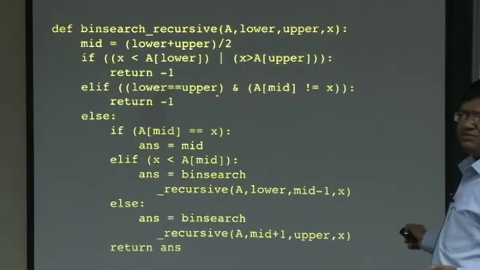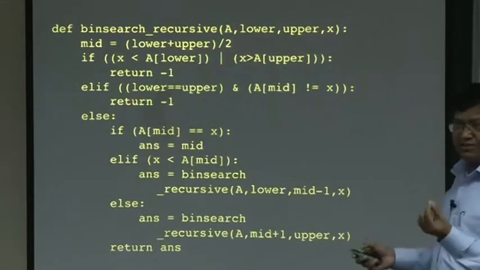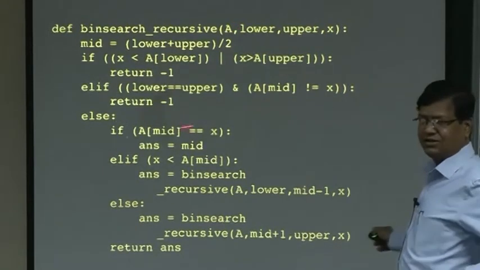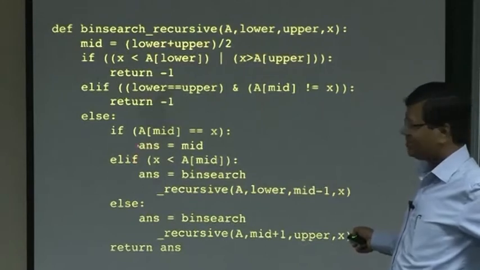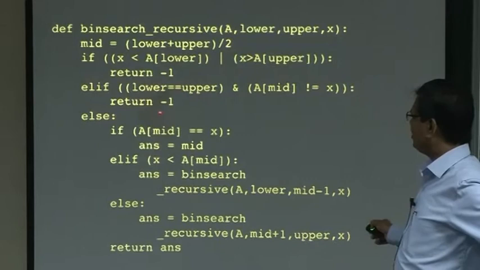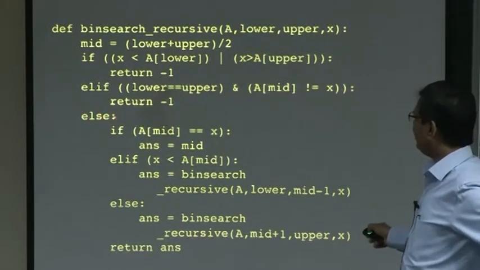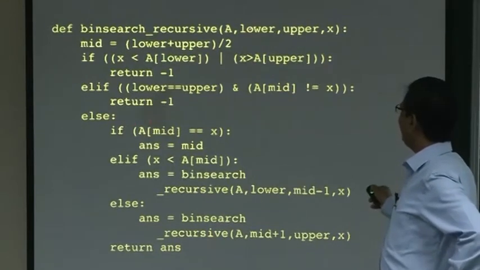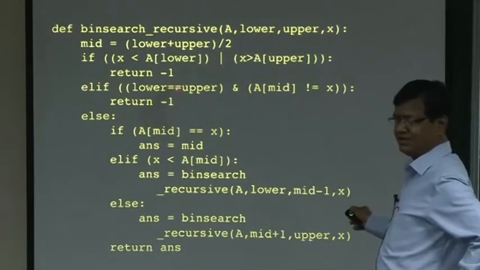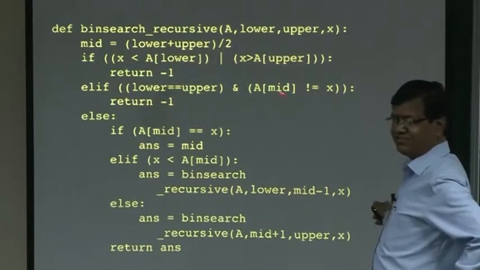That means x does not belong to array A from lower to upper, so again I return -1. Now, if none of these two conditions is true, then I come to else. Now, what is the possibility? Lower is not equal to upper, or lower equals upper but this condition is not satisfied.